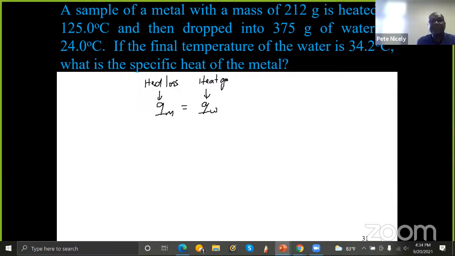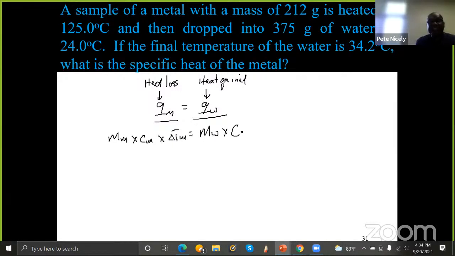Now I'm going to write down specific expressions for the Q of the metal and Q of the water. As far as the metal is concerned, that would be equal to the mass of the metal times the specific heat of the metal times the change in temperature of the metal. And that would be equal to, on the right side, the mass of the water times the specific heat of the water times the change in temperature of the water.